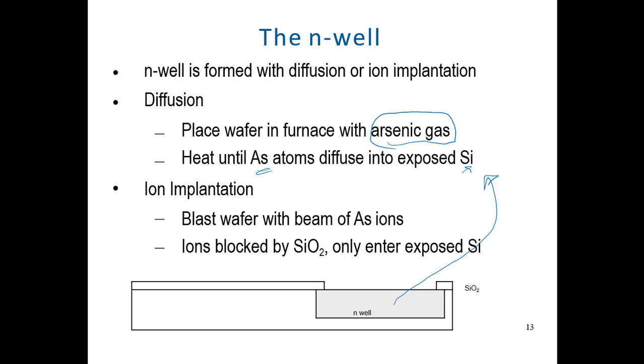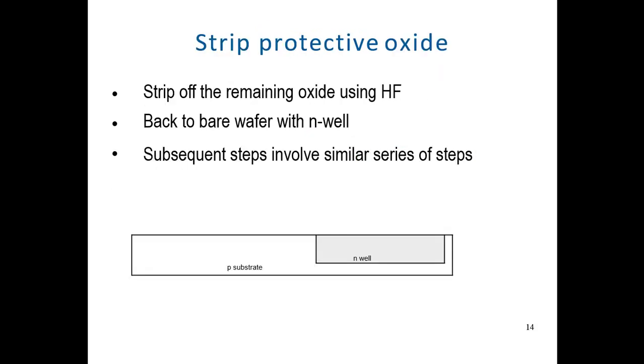And N-well, you remember that it was used to house the PMOS. Okay, then you strip the silicon dioxide layer. So now the N-well is formed. You see, now we don't have the oxide. So SiO2 is removed and photoresist is removed.